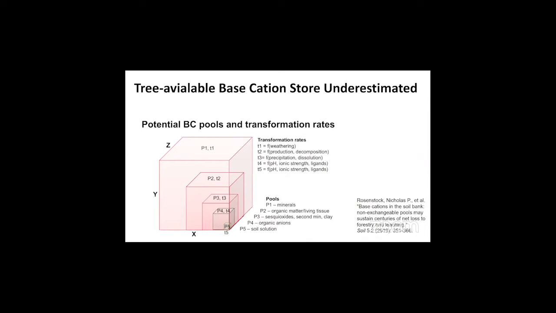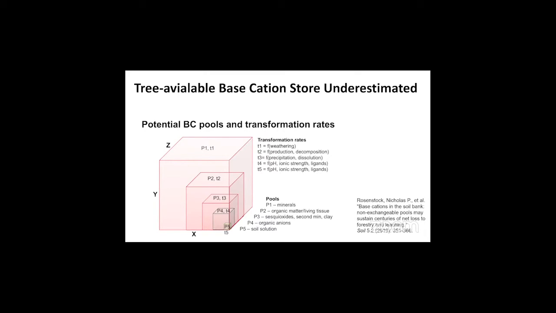Another thing to be aware of is that the base cations available to the trees are underestimated by the methods that are used in estimating what is in the soils. There are many different ways to extract base cations from the soils.